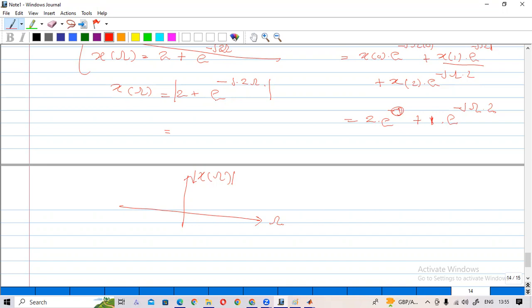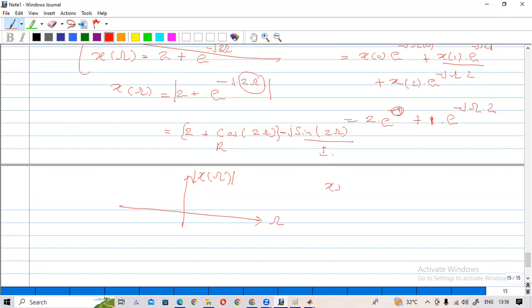So you can use the Euler formula here. Maybe you can write this as cos of e to the power minus j 2 omega, where this is the theta value. So you can write it as cos 2 omega minus j sin 2 omega, because this is minus. So this is the real part and this is the imaginary part.